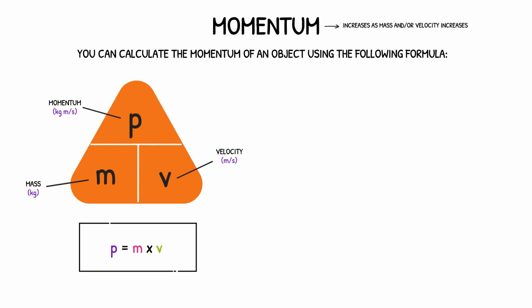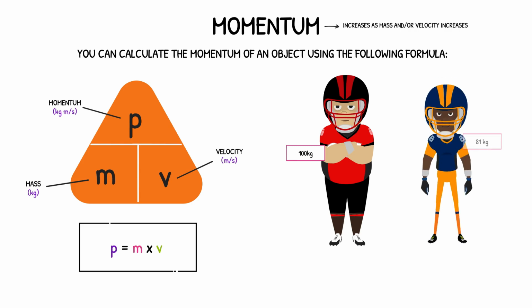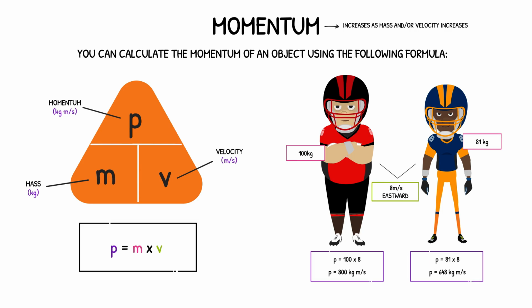For example, if teammate A has a mass of 100 kilograms and teammate B has a mass of 81 kilograms, when both are travelling at the same velocity, let's say this was 8 meters per second eastward, then the momentum of teammate A would be 800 kilogram meters per second, and the momentum of teammate B would be 648 kilogram meters per second.